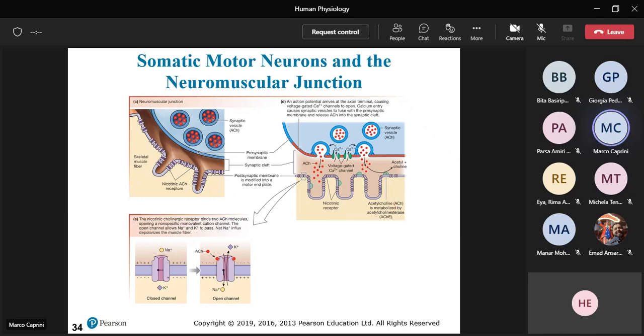What is the important role of acetylcholine here? It creates an action potential, but at the end we need to increase the calcium inside of the cell in order to allow the contraction.